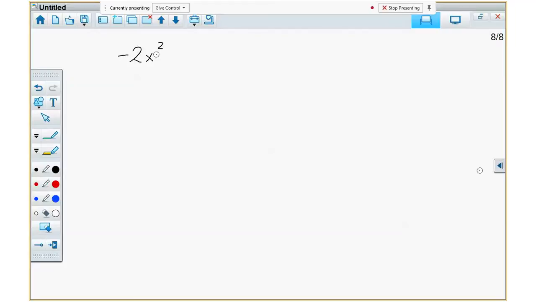-2x squared plus 4x minus 6 minus 5 is equal to 0. Now go ahead and move the 5. -2x squared plus 4x plus blank is equal to 5 plus blank.